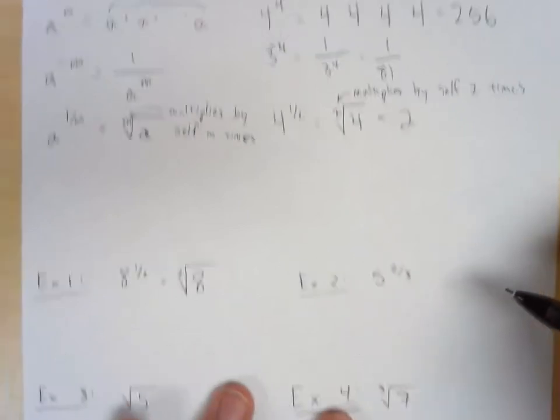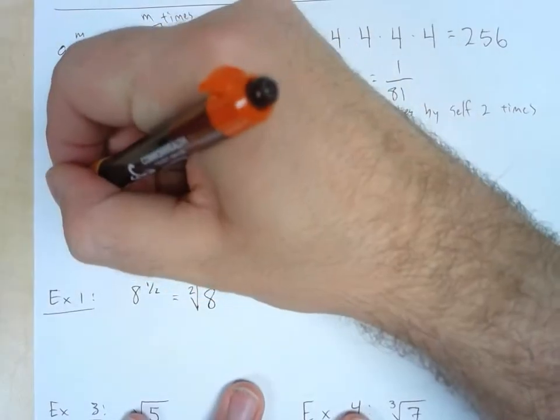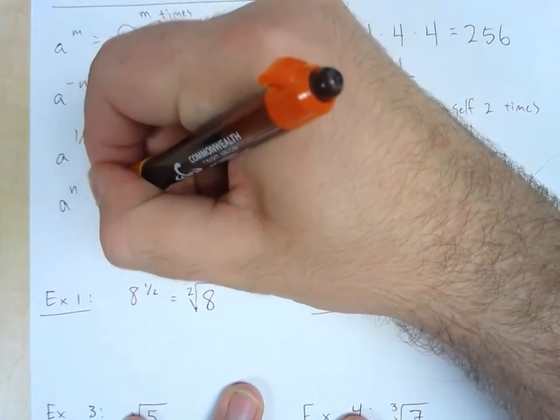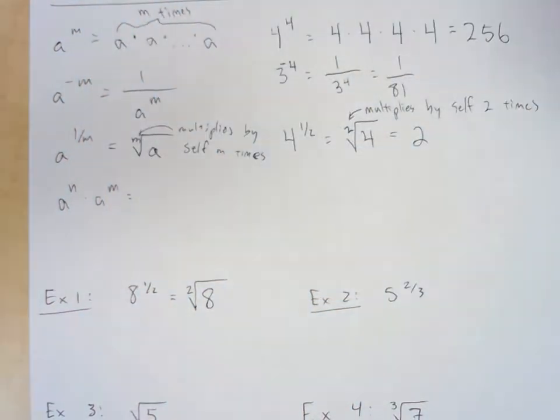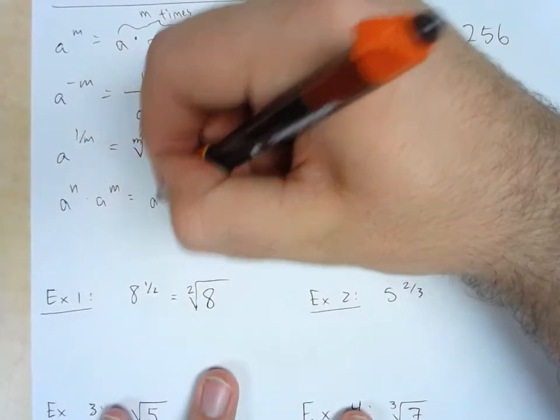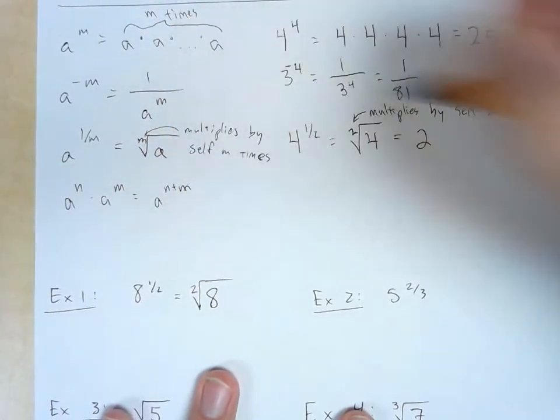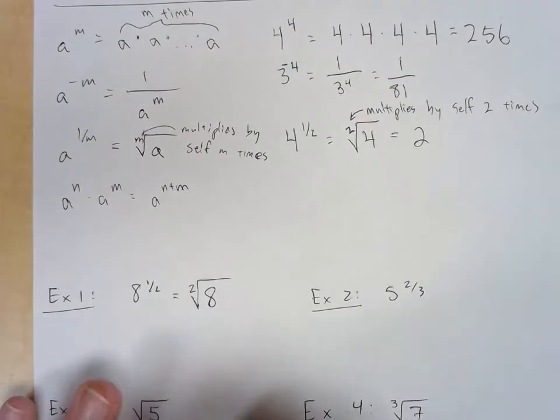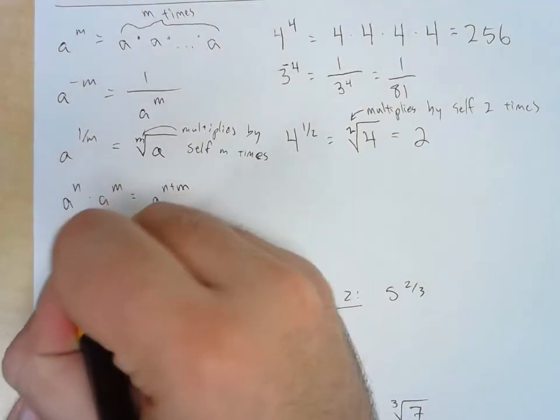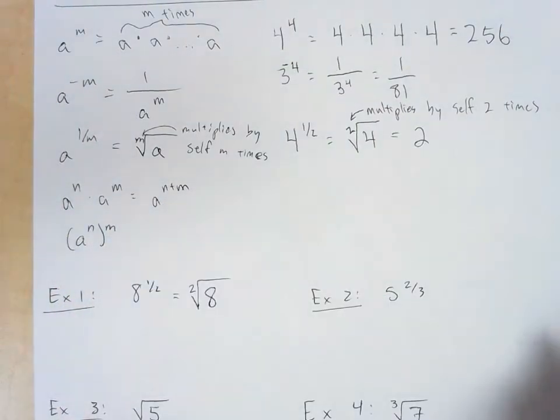One of our properties of exponents we didn't talk about up here is that if we have a to the n times a to the m, then that's really a to the n plus m power, which is just basic multiplication. And then we also didn't talk about exponents raised to exponents.